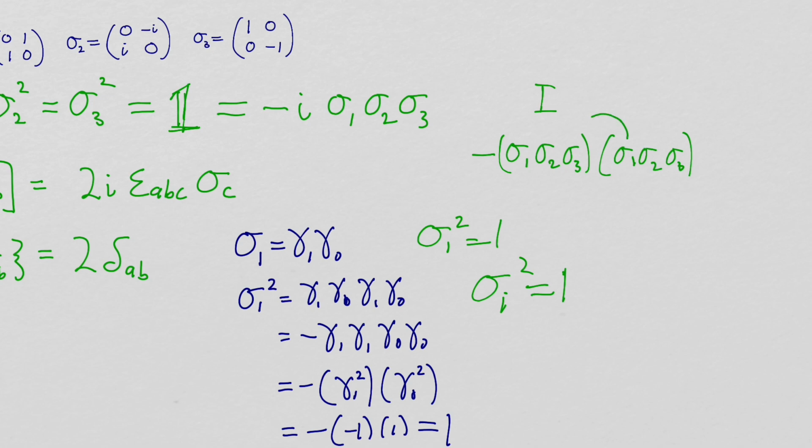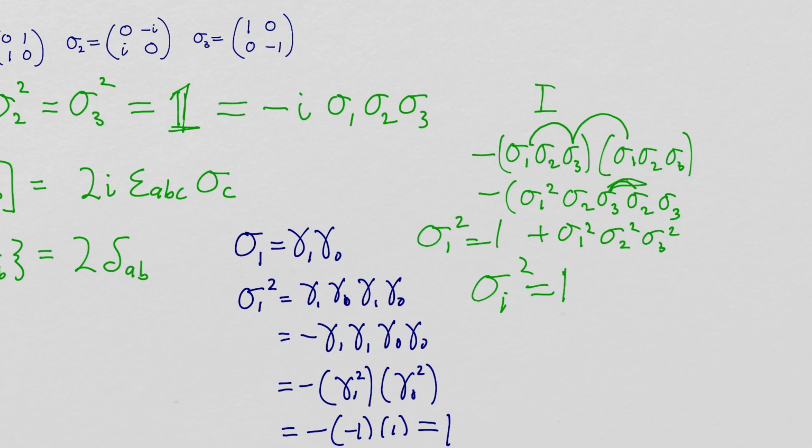This one comes over negative 1, positive 1, and then it clears. So you have minus sigma 1 squared, sigma 2, sigma 3, sigma 2, sigma 3. And then you flip these two, and you have minus sigma 1 squared, sigma 2 squared, sigma 3 squared. But you had an additional minus sign because of this flip here, right? And that equals 1, right?